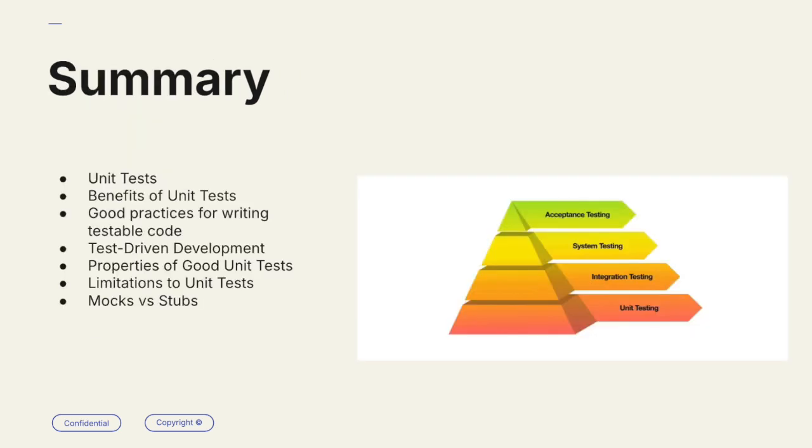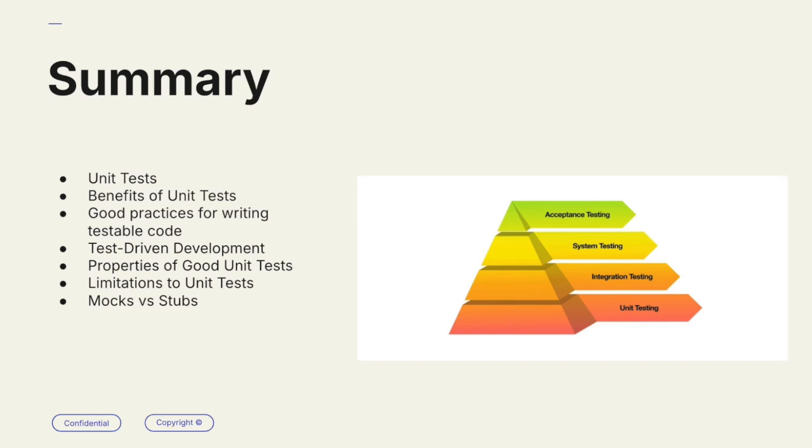All right, let's quickly recap what we've covered so far. Unit testing is all about validating individual pieces of your application in isolation, ensuring they work as expected before they're integrated with the rest of the system. We've explored the benefits: catching bugs early, supporting refactoring, acting as a form of documentation, and even enabling faster, more frequent releases.